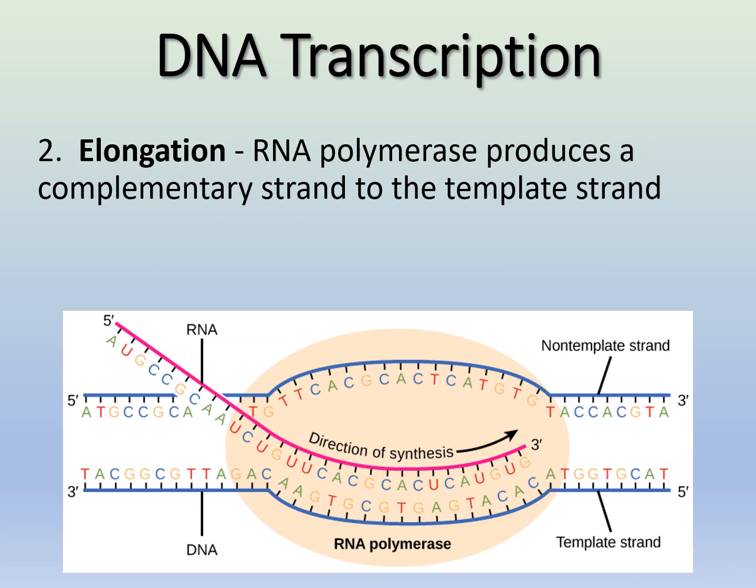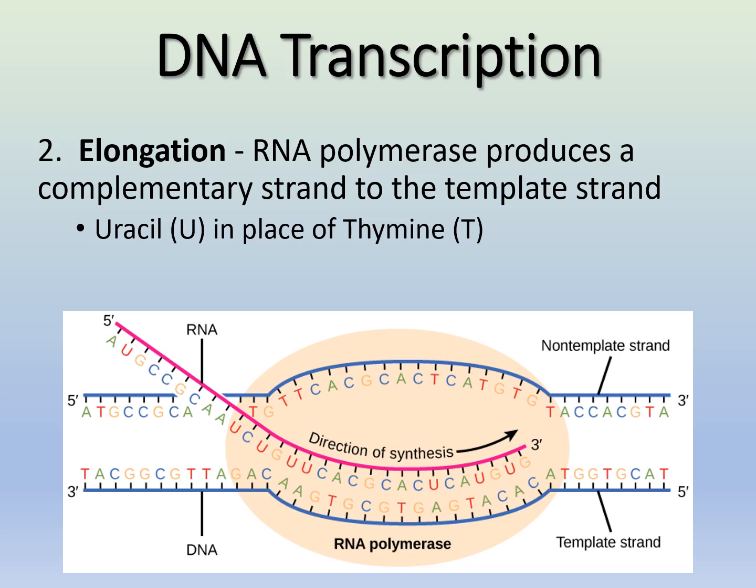Once we have initiated transcription, we're going to elongate the messenger RNA, or elongation as our second step. Essentially the RNA polymerase is going to produce a complementary strand of RNA to our DNA template strand. It's very similar to DNA replication, but instead of producing a DNA strand like we do in replication, we're going to be creating an RNA strand.